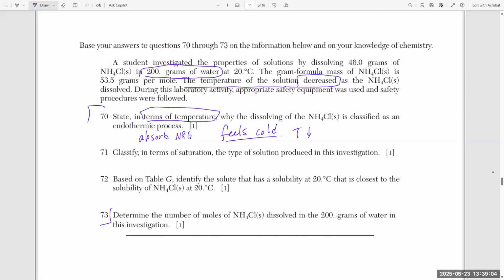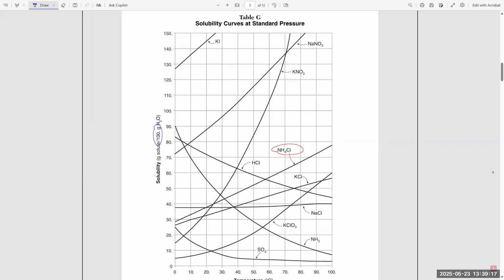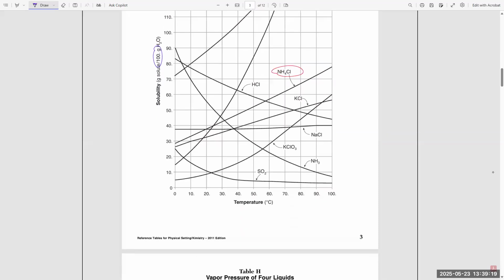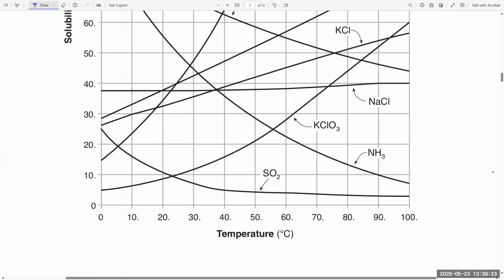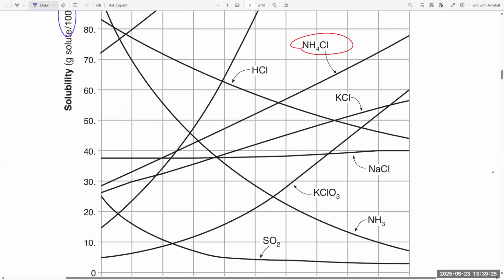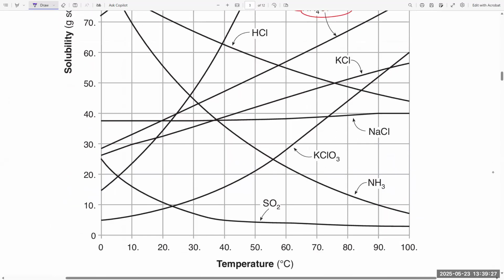So what do we know? We dissolve this much, okay? Everybody okay? Let's take a look, right? Let's figure out what's going on. Ammonium chloride is this curve right here, right? And what's the temperature?